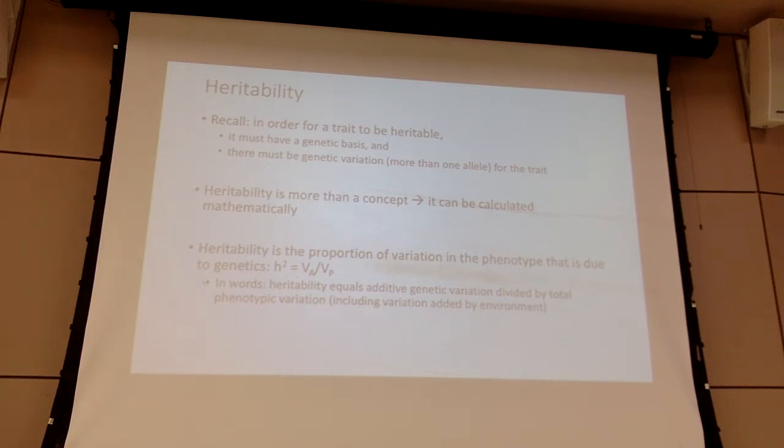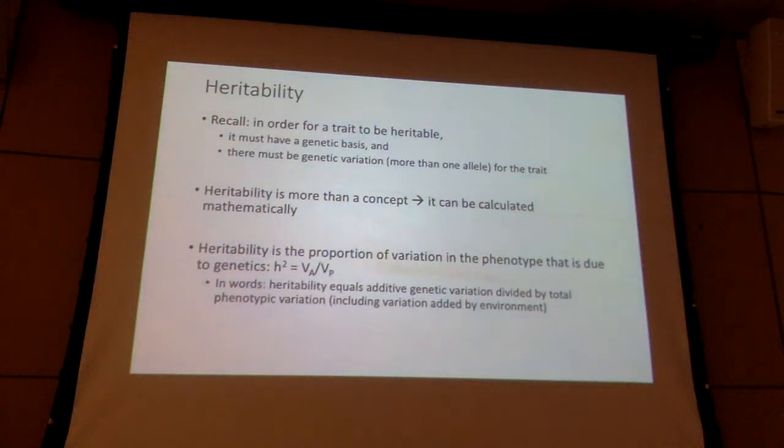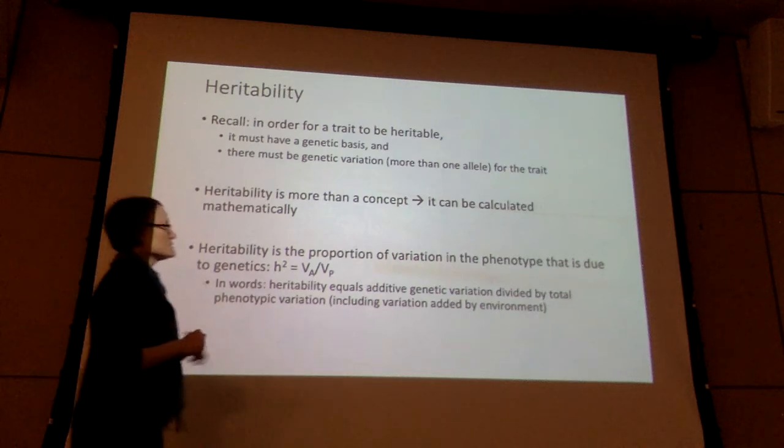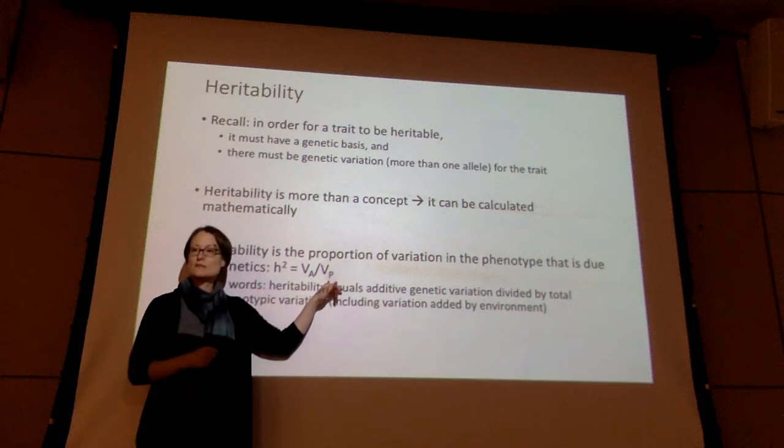There are several equations. Heritability is just a ratio of additive genetic variation to phenotypic variation. So obviously height is not entirely genetically determined. It also is dependent upon your nutrition, for example. So there are other things that go into this variation in phenotype. The environment, right?